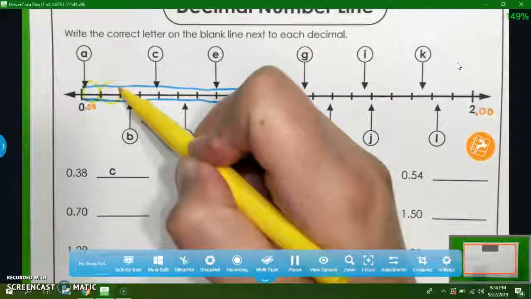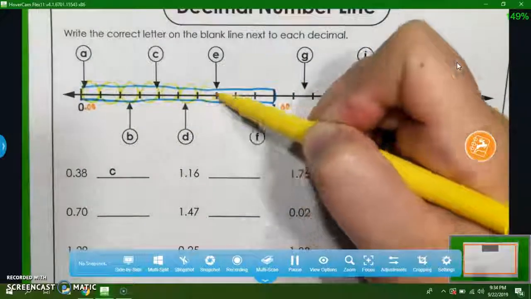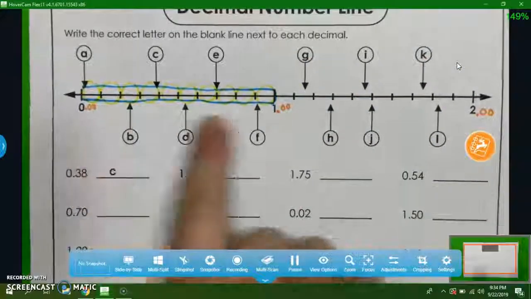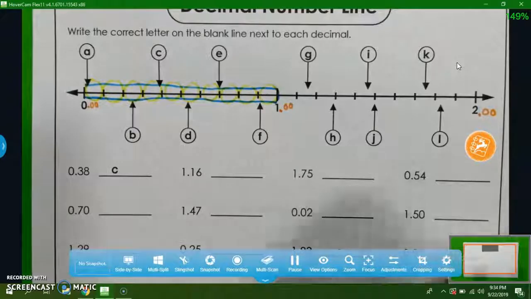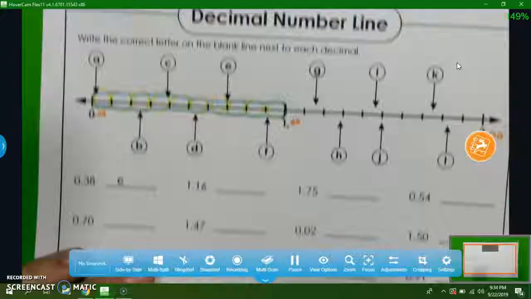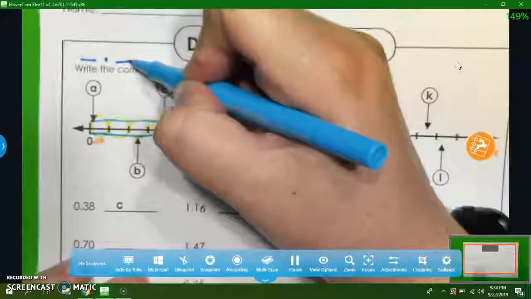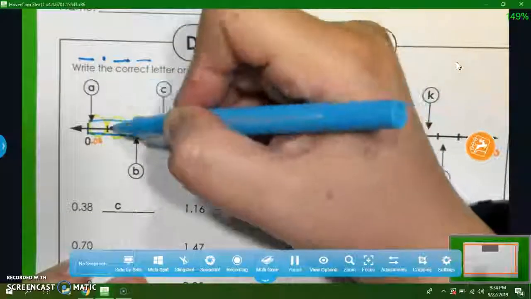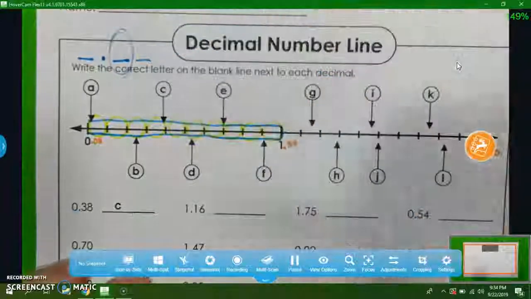Let's find out how many pieces they've given us. 1, 2, 3, 4, 5, 6, 7, 8, 9, 10. So my 1 whole on my number line is broken into 10 equal pieces. So I know we're using tenths. And when I'm thinking about my decimals, my tenths place is whole number, decimal, tenths, hundredths. Well, if my number line is broken into 10 equal pieces, I'm thinking about this place here.